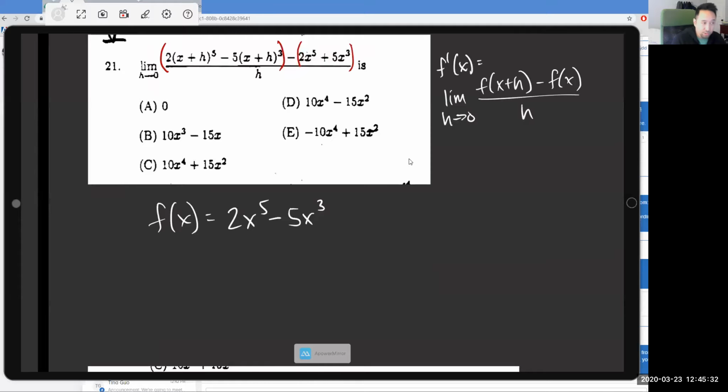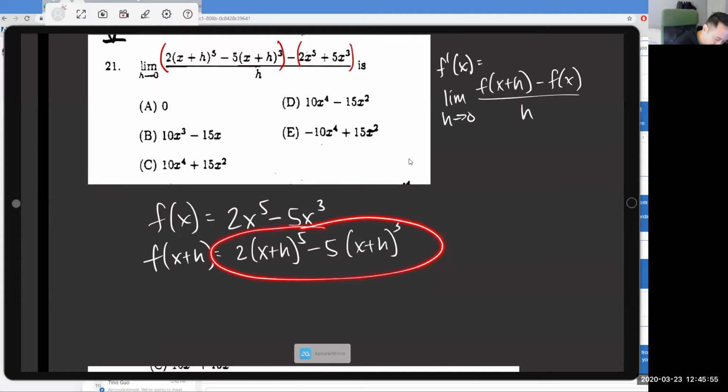And if that's true, just to do a quick check, if this is your f of x, well, what's f of x plus h? Well, that's simply replacing x with x plus h. So I have 2 times x plus h to the fifth power minus 5 times x plus h to the third power. And great, because this is exactly this. So we've chosen correctly, or you figured out what f of x is, right?